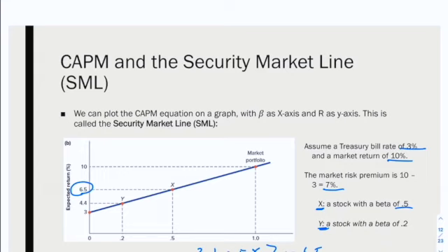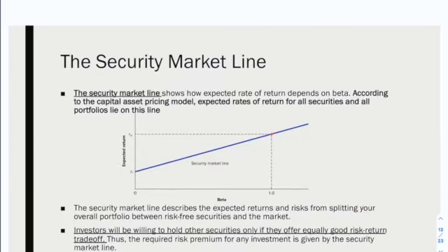We have here 4.4. Okay, and the security market line tells us that the expected return of all securities and all portfolios must lie on this line if CAPM is true.